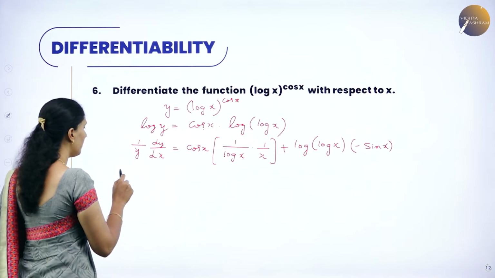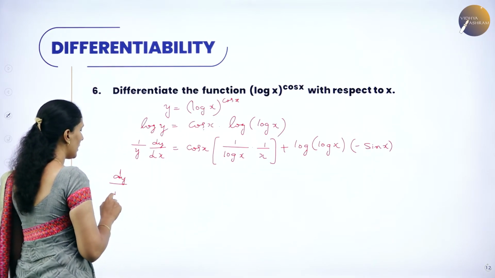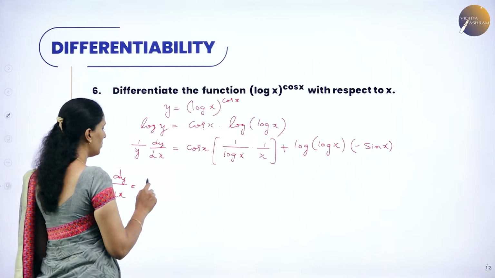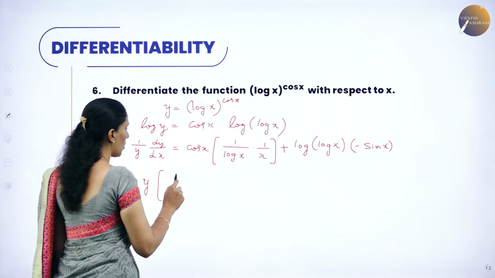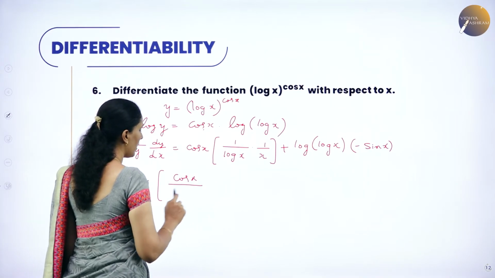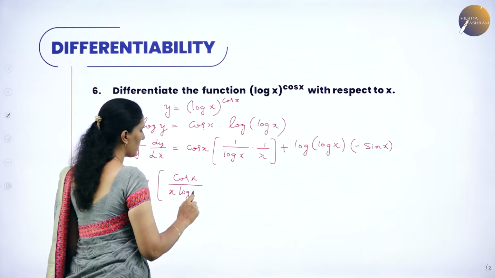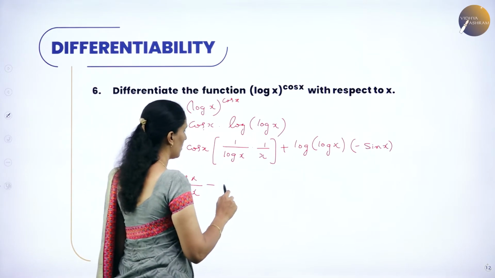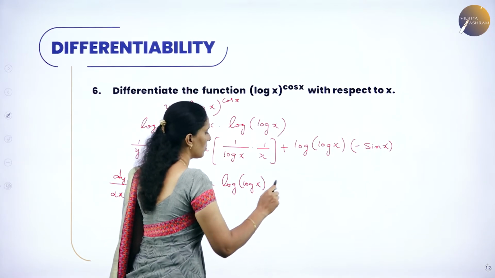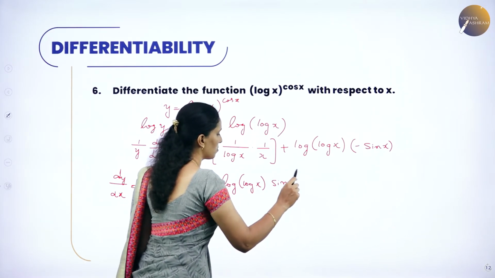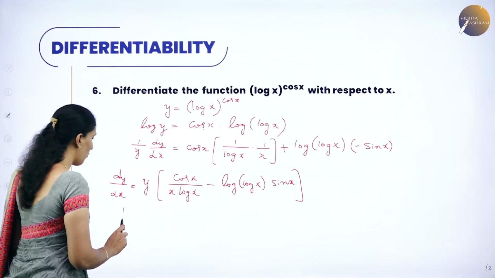So now here we have dy by dx is equal to y. So here it becomes cos x divided by x log x minus log of log x into sin x. So replace the value of y here.